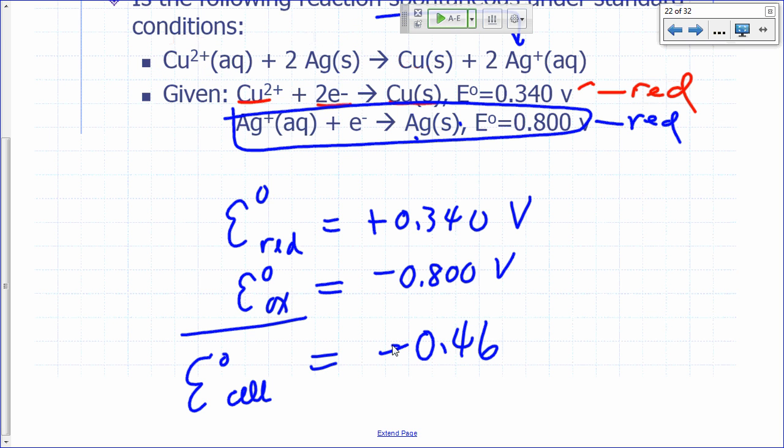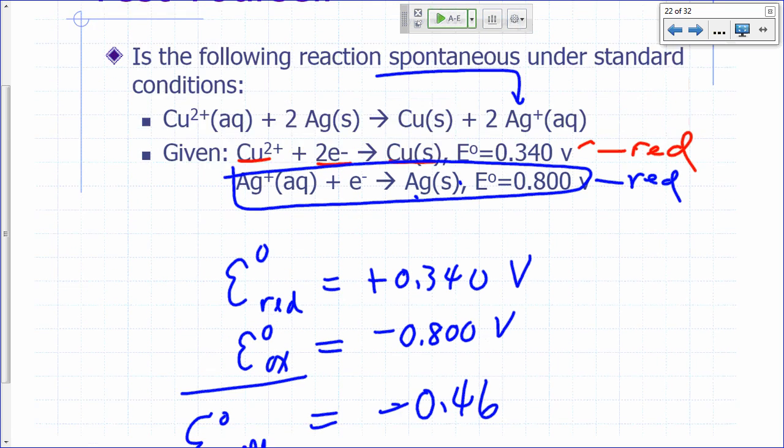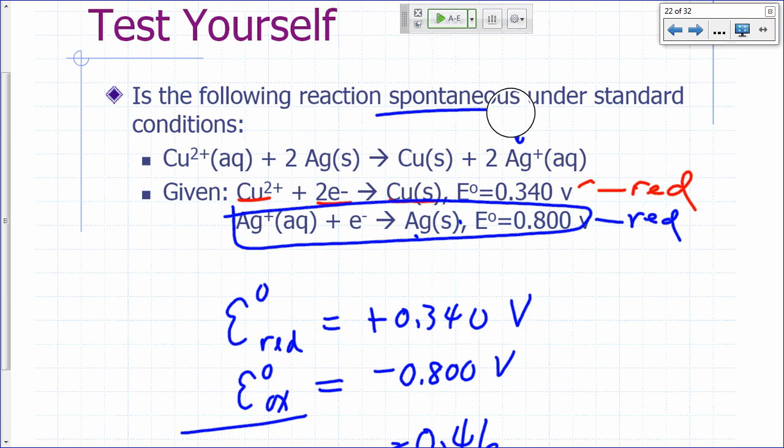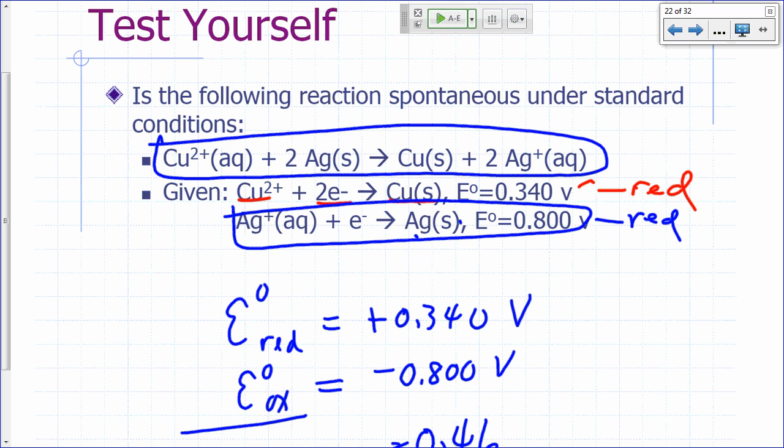This reaction, as written, is not going to be spontaneous. It's not going to occur. This is a non-spontaneous reaction. In other words, if I were to put silver metal in a solution that has copper ions, I'm not going to get copper metal and have my silver metal dissolve under standard conditions.